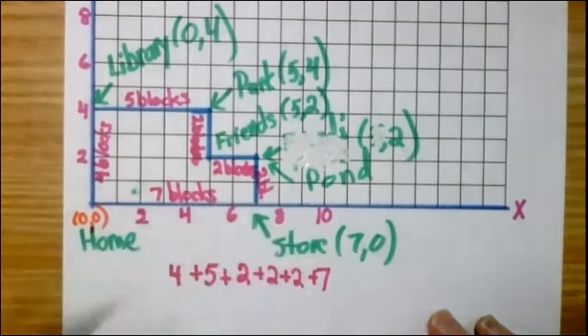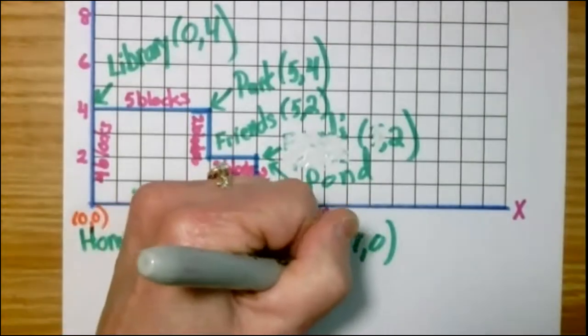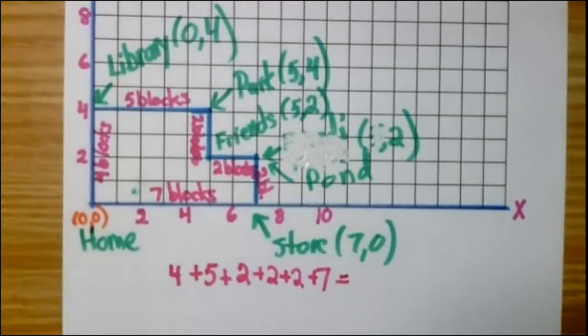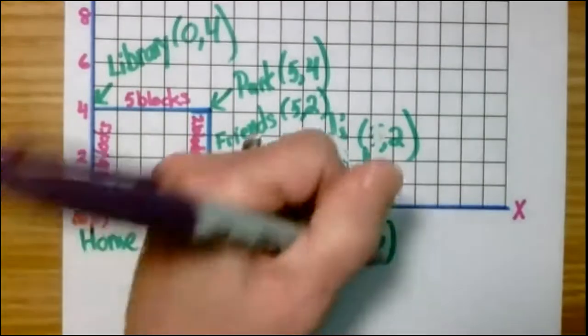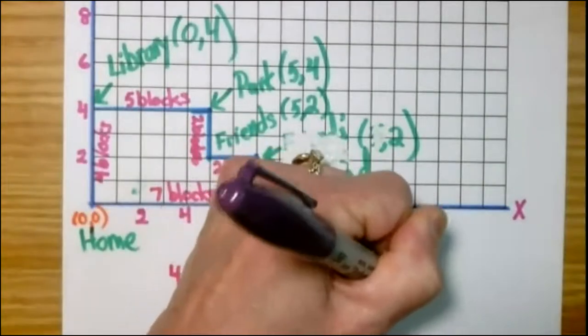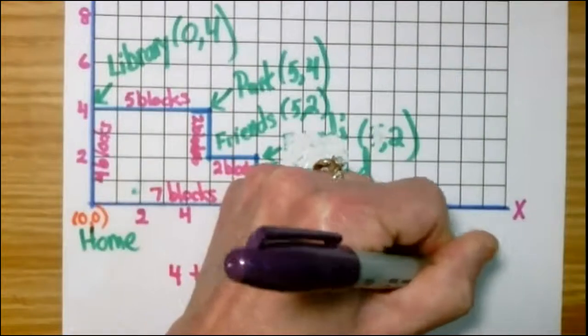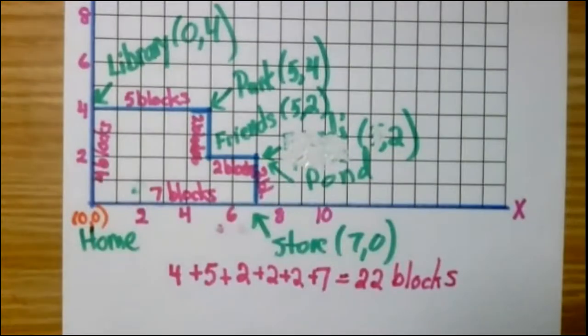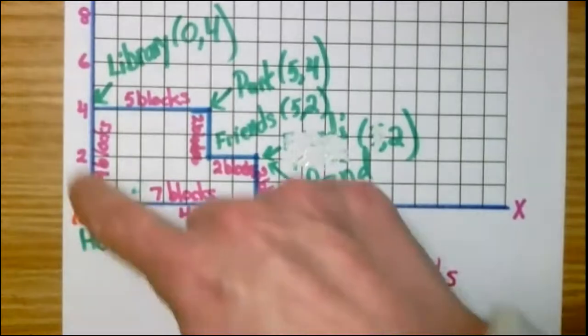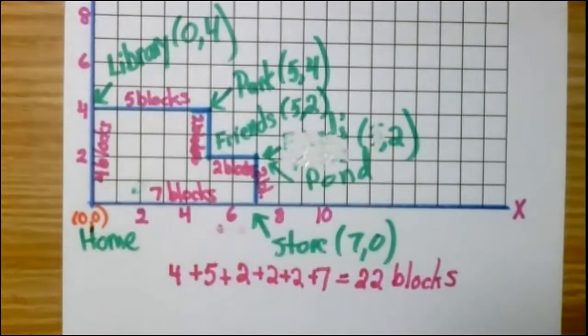Plus 7. Add that all up, and you should get 22 blocks. That's the perimeter of that shape, or the distance that, what was his name? Tommy walked all the way around that shape. Okay?